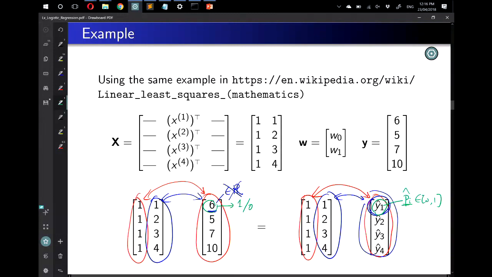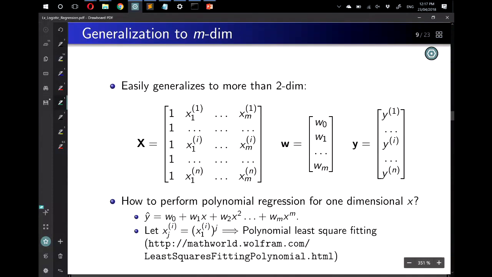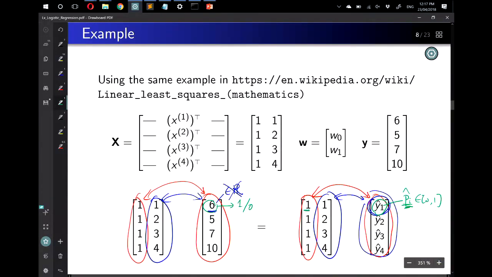But of course, in that case, because each pi is obtained from a nonlinear transformation of each of the x, there is no closed form solution. It's highly recommended that you go through this. I didn't write out the actual equations, but if you solve them, you will find that because this is one-dimensional regression, we only have one variable. W is basically a one-dimensional vector.